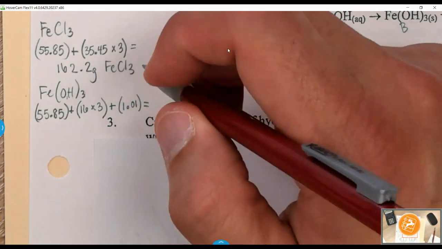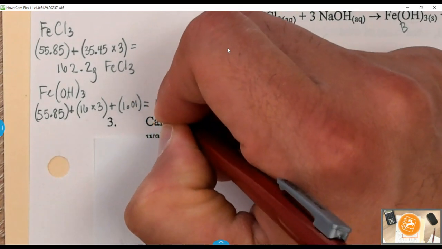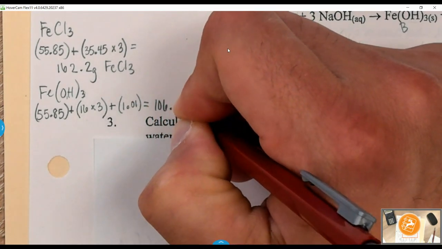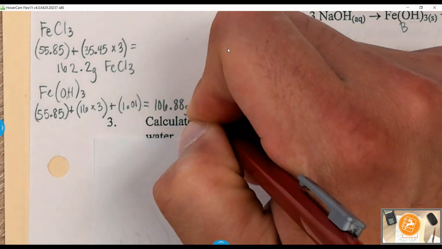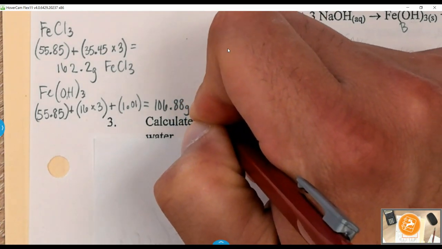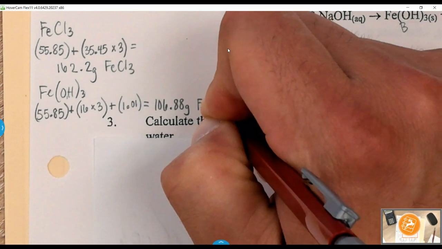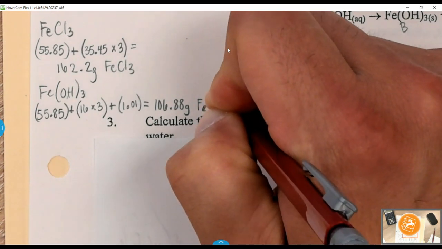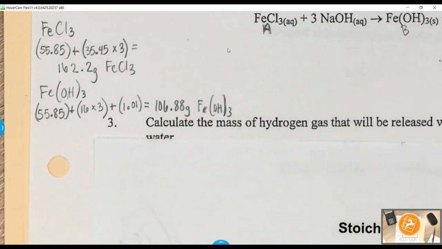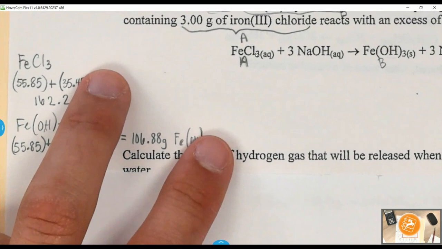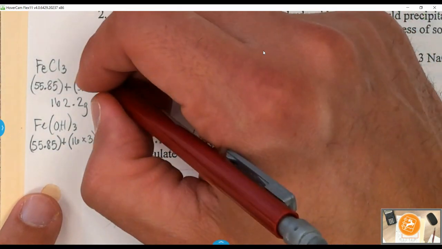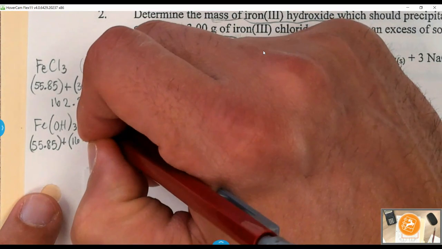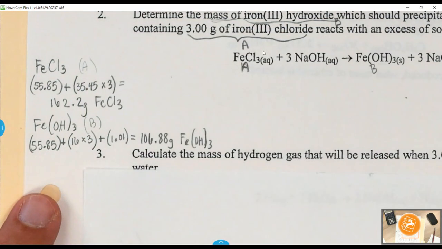And this is going to kick out an answer of 106.88 grams of iron 3 hydroxide. So I have my substance A and substance B. Cool.